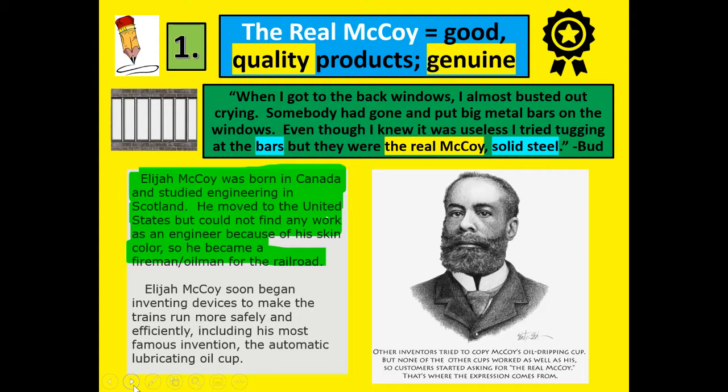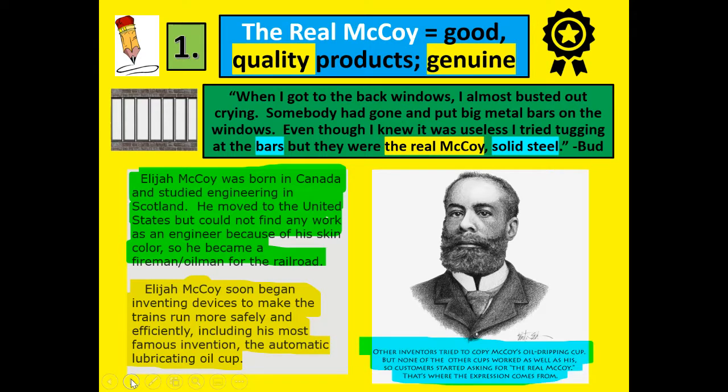So this was over 100 years ago. He was an African American, so people discriminated against him, unfortunately, because of his skin color. But Elijah McCoy soon began inventing devices to make the trains run more safely and efficiently, including his most famous invention, the automatic lubricating oil cup.